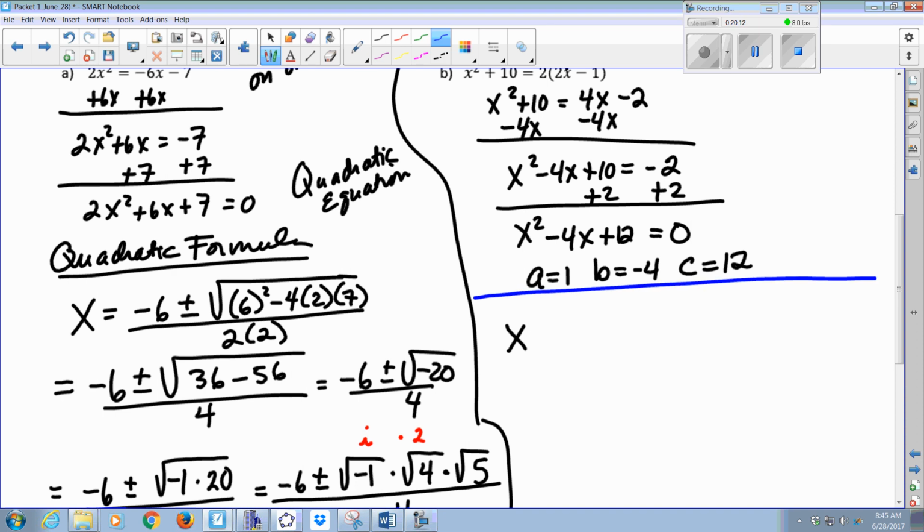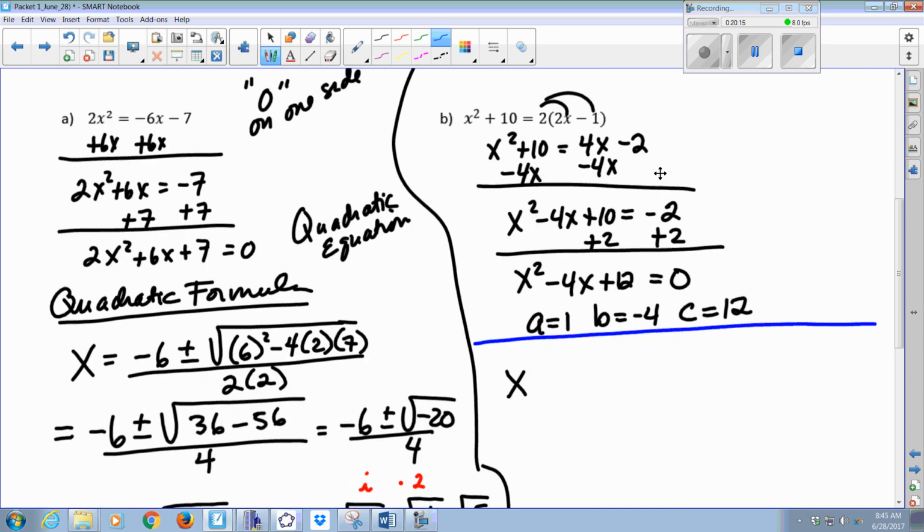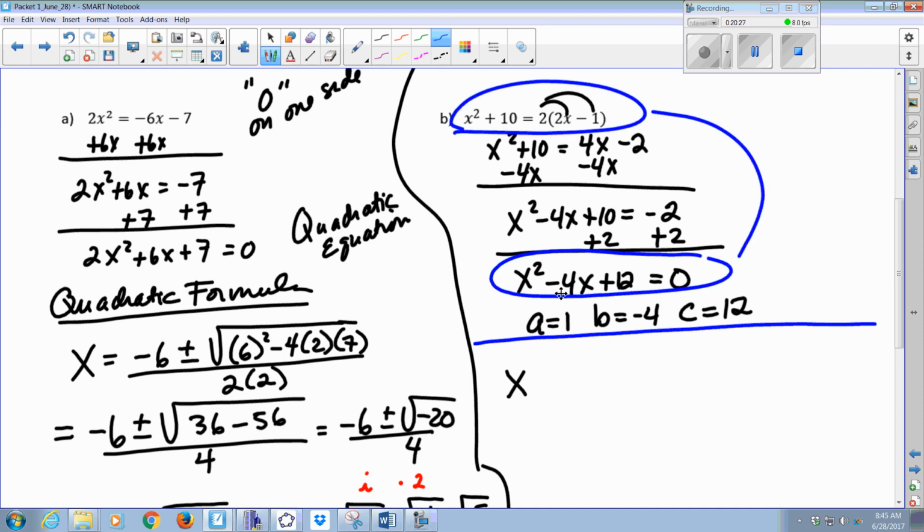The quadratic formula solves this original equation, or an equivalent equation right underneath. Either way you want to look at it, it solves this equation or this equation, since they're equivalent. You are solving an equation with another equation.